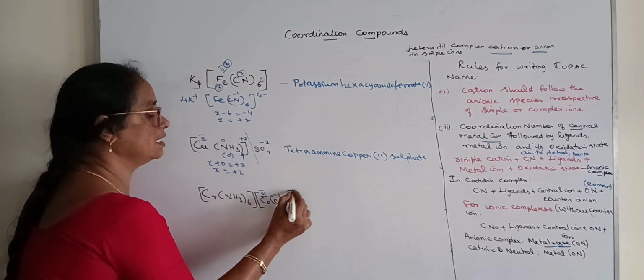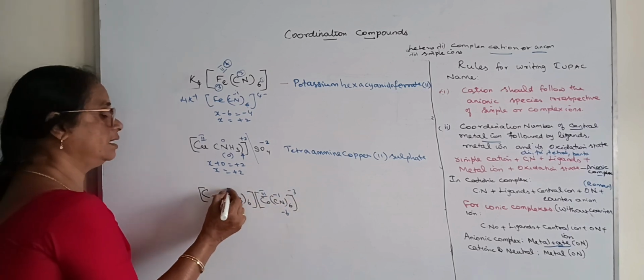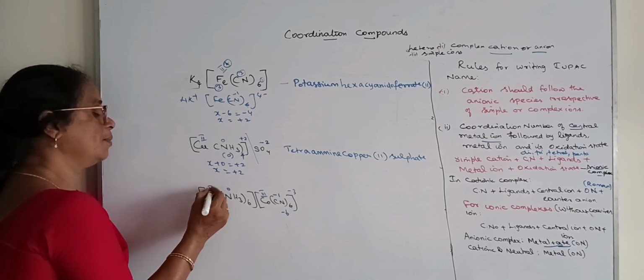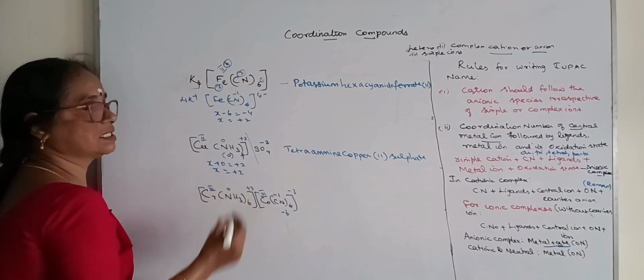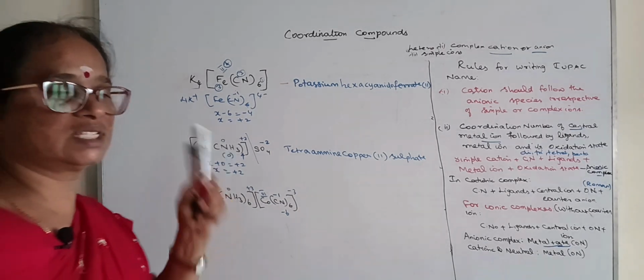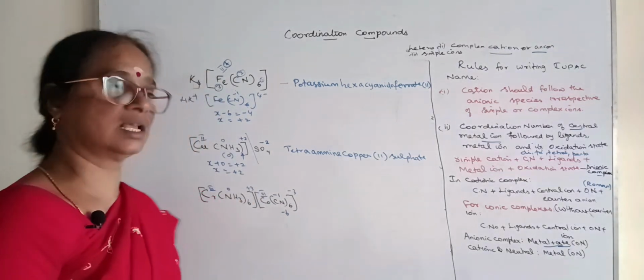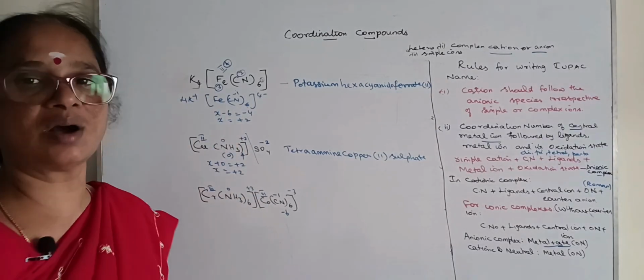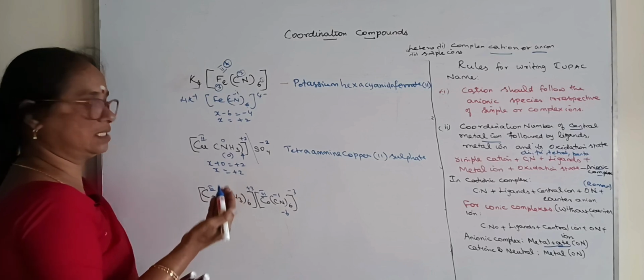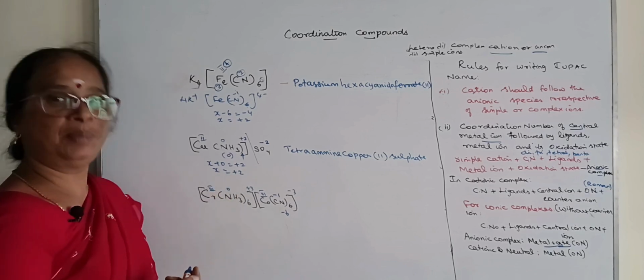So -6, -3. Here it is 0. So the oxidation state of chromium will be +3. Some metals have their own specific oxidation states when they form complexes. Based on that, I am taking cobalt in the +3 state and chromium in the +3 state.